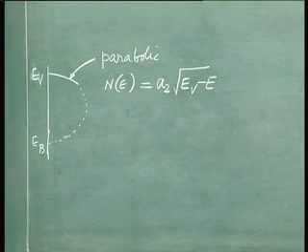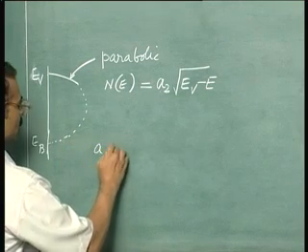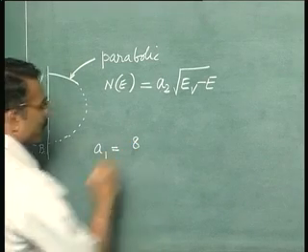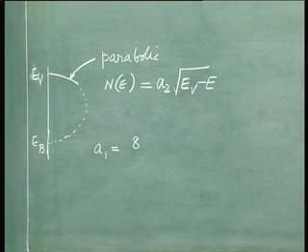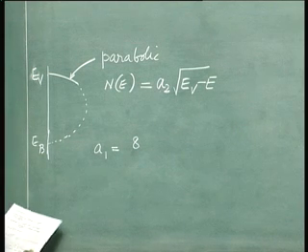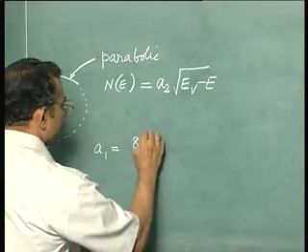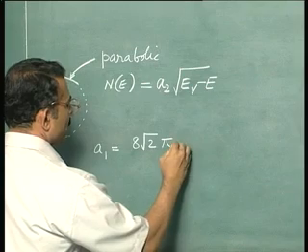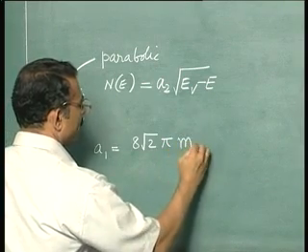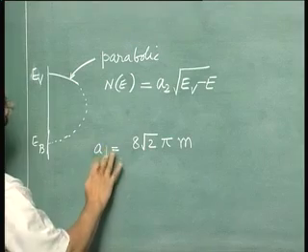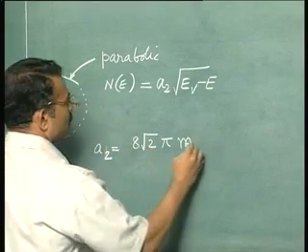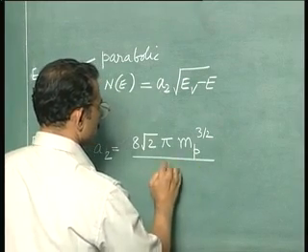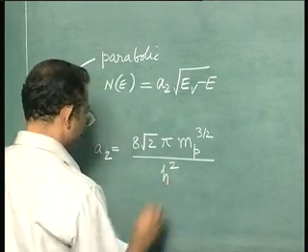The constants a1 and a2 are (8 root 2 pi into m). Let us write the constant a2 here first, mp power 3 by 2 by h square by h cube.